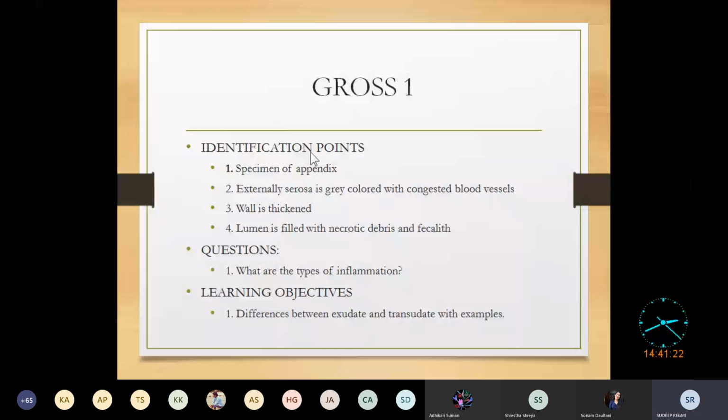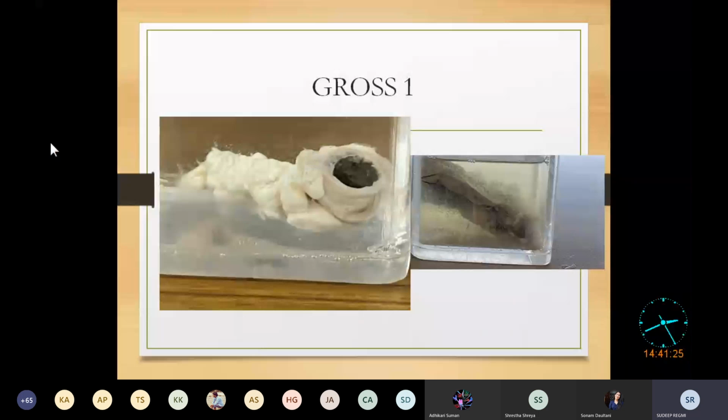Here you can see a specimen of an appendix. It is externally gray colored due to being in formalin for a long time, so it is slightly discolored. But every specimen is discolored, and it has preserved the features of acute appendicitis.